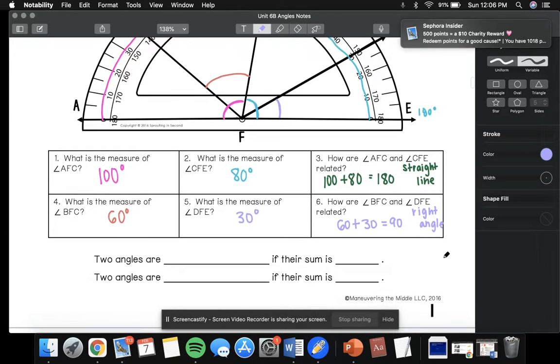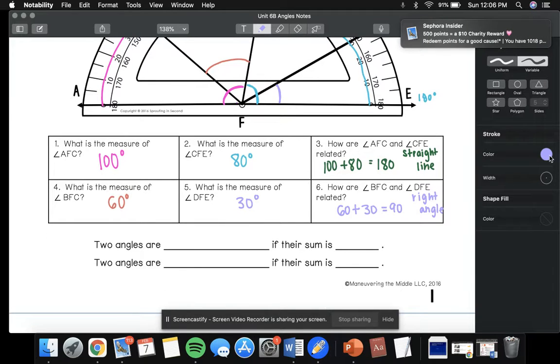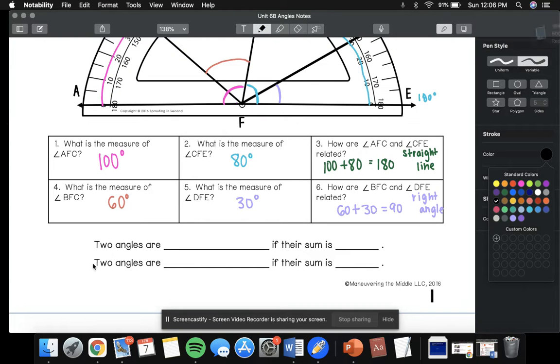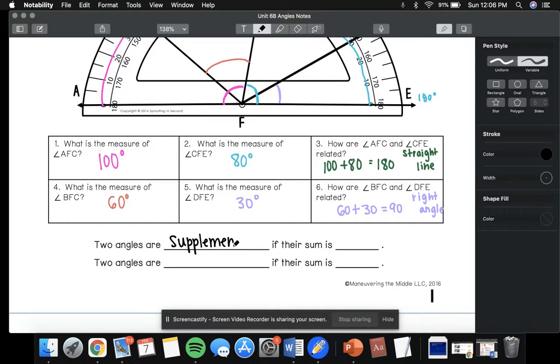Okay, so here is the whole point of the front page. If you have two angles, they are called supplementary if their sum equals 180 degrees. Okay. Two angles are complementary if their sum is 90 degrees.